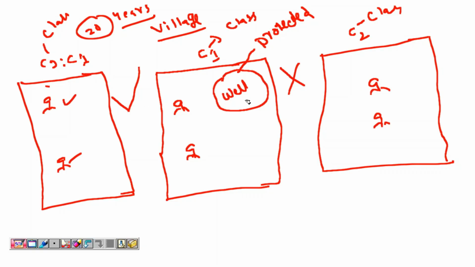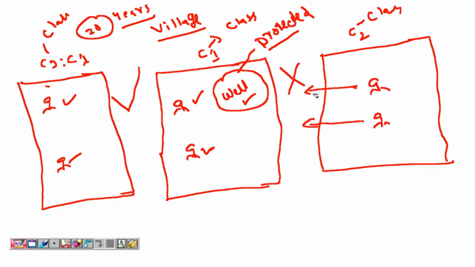My question is, who can access this water well? Can C3 family members access it or not? Yes. Protected means it can be accessed by the current class and the derived class. Is it possible for C2?